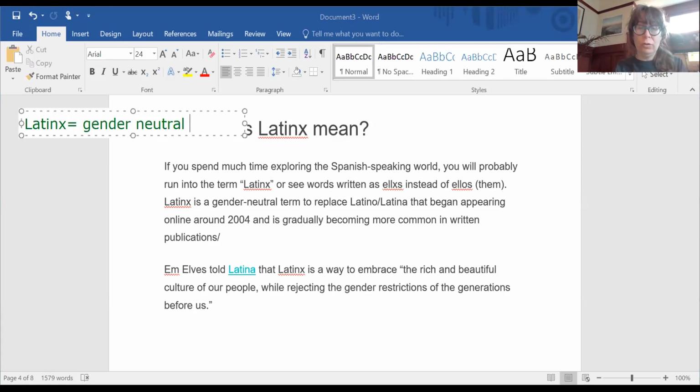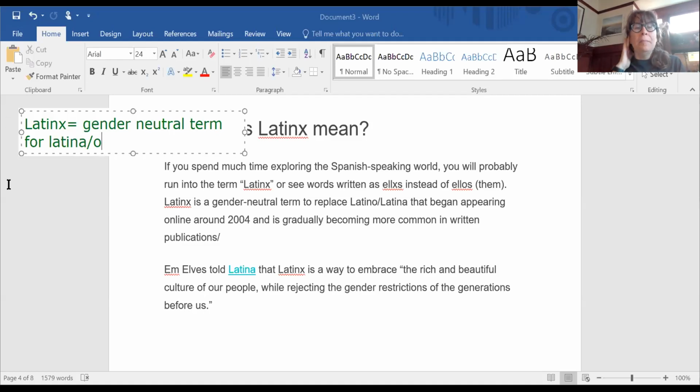Gender neutral term for Latina or Latino. Melves told Latina that Latinx is a way to embrace the rich and beautiful culture of our people while rejecting the gender restrictions of the generations before us. So Latinx is a more inclusive word. It's saying you don't have to necessarily identify as a male or female. You can just call yourself Latinx, if that makes sense.